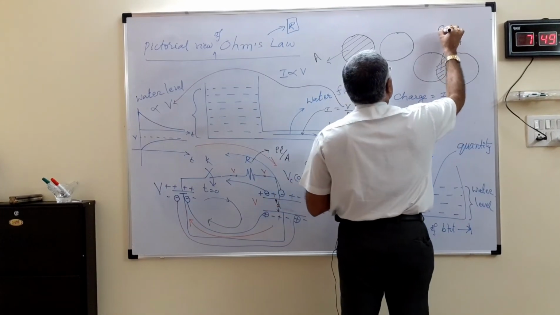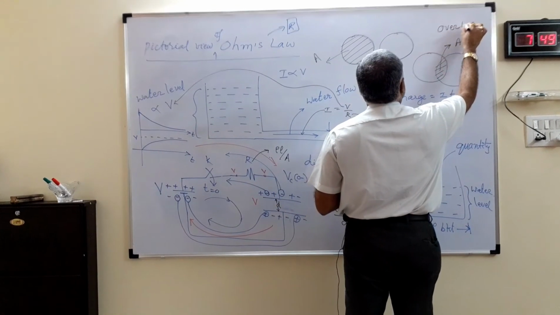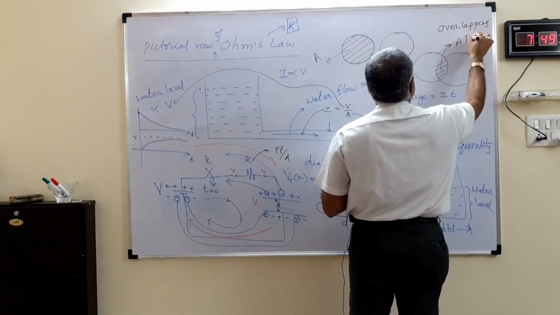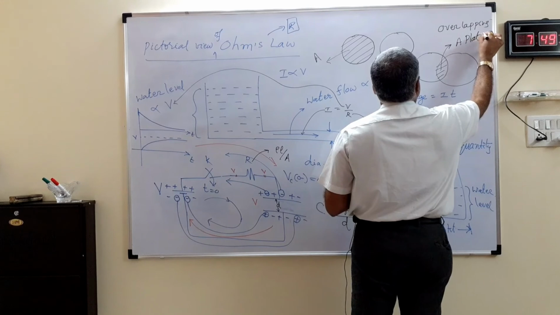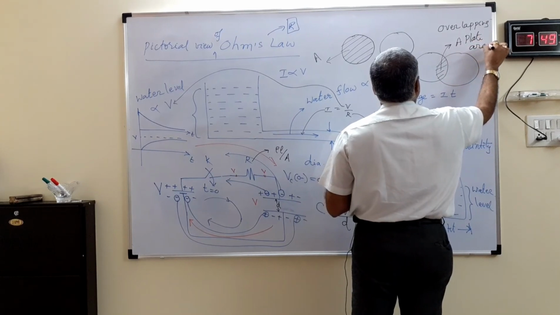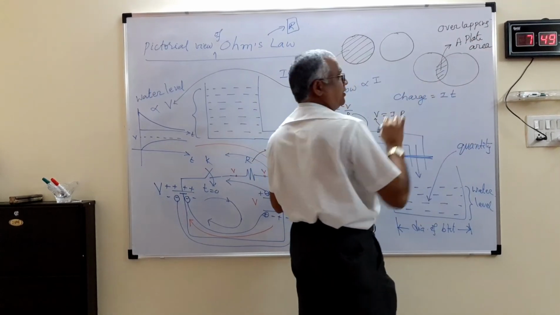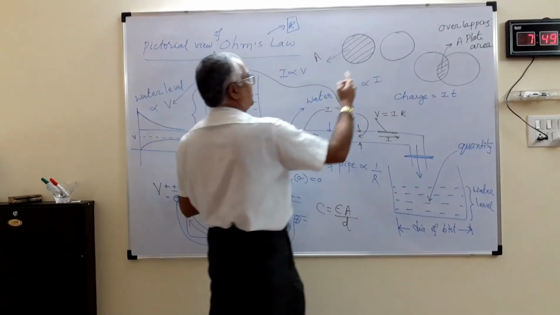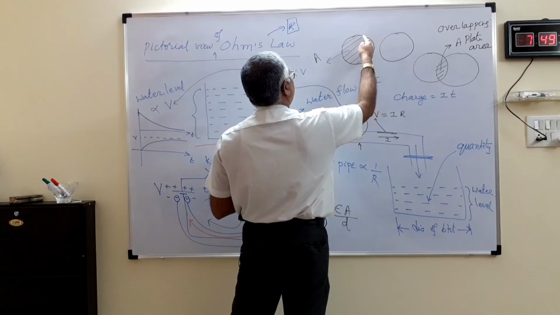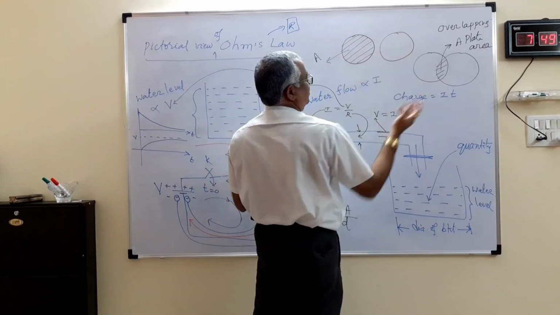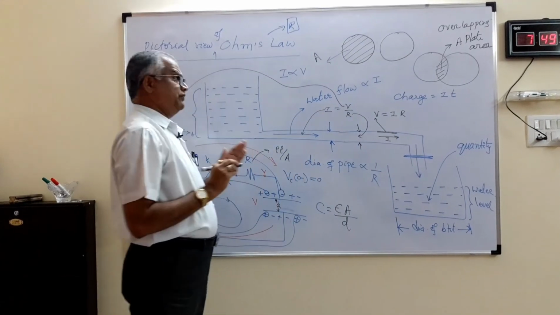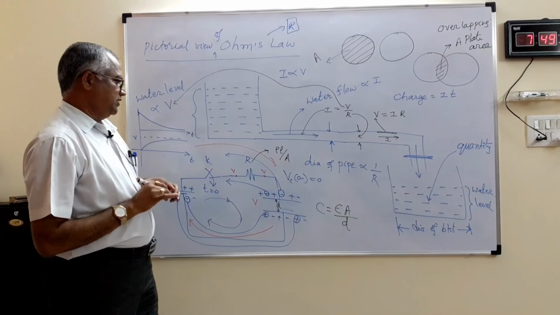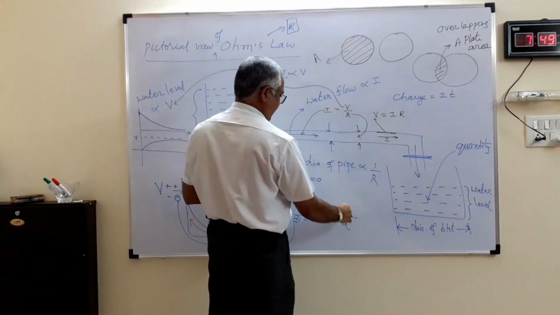This A is overlapping plate area. Not the area between overlapping plates. If it is perfectly overlapped, then this area or this area remain the same, but definitely not the area between the plates. That is epsilon. That is A.